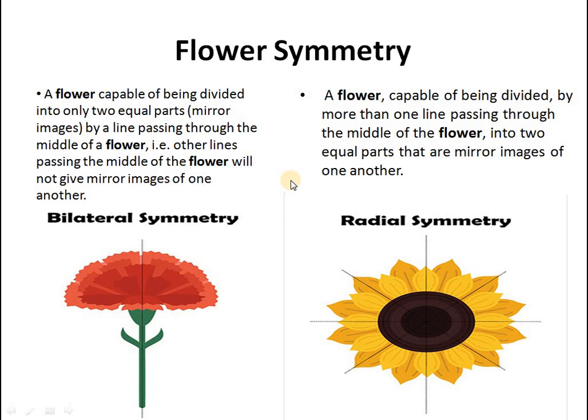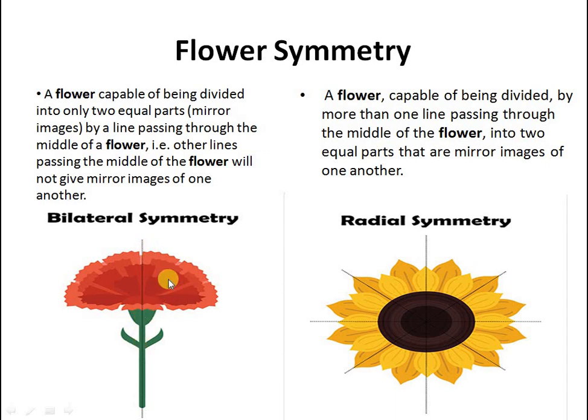On the other hand, a radially symmetrical flower is capable of being divided by more than one line passing through the middle of the flower into two equal parts that are mirror images of one another. Here in the diagram, I have shown you that a bilaterally symmetrical flower can be divided into two mirror image parts by a line passing through the middle of the flower.